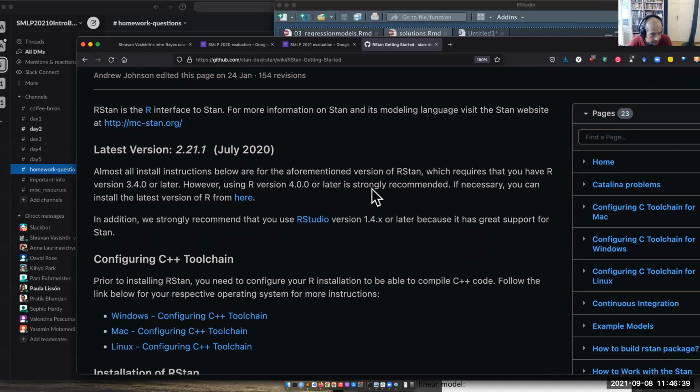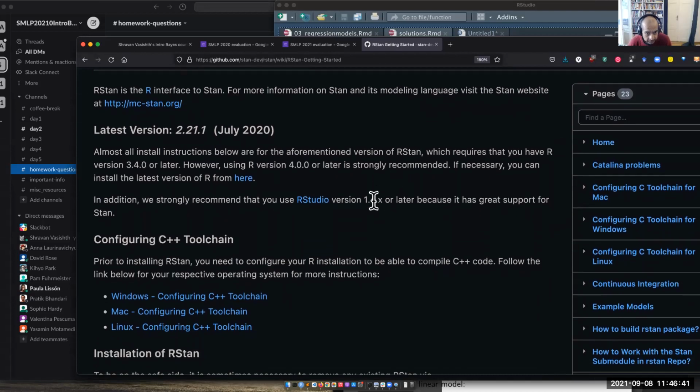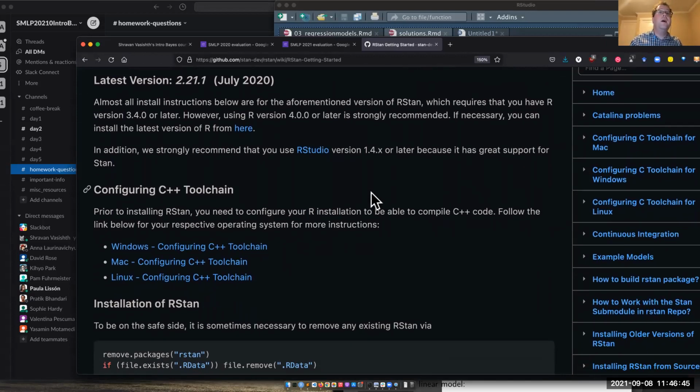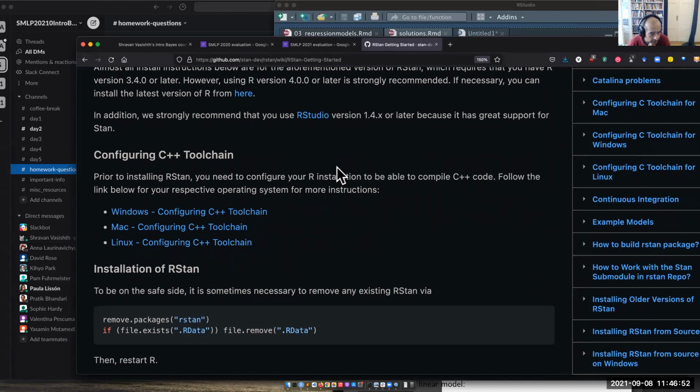So you do have the latest R version, right? Yes, it's 4.1. That's fine. And we strongly recommend that you use RStudio. You probably have the latest version of that as well.